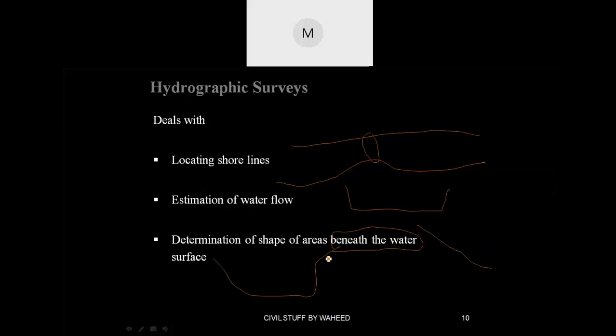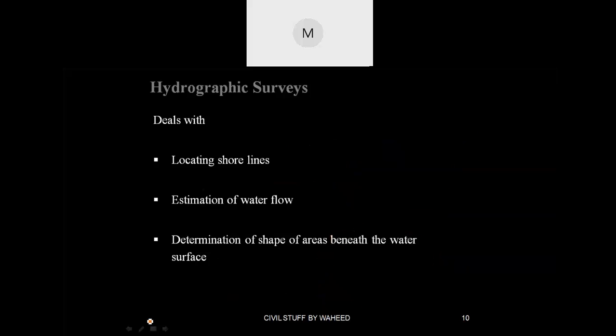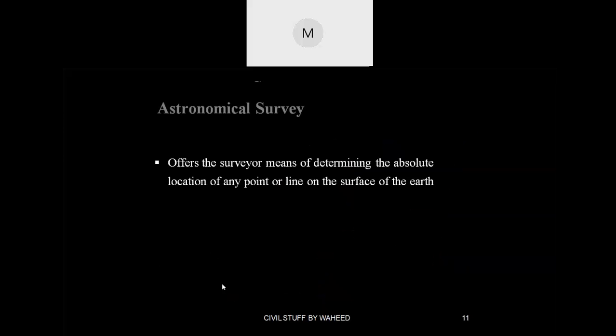Generally the river will not have a regular shape, because during flood seasons and storms heavy floods will be coming, and based upon that it will be eroded. Erosion will occur, right?